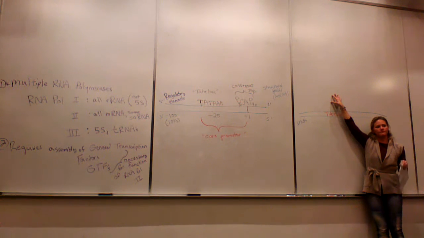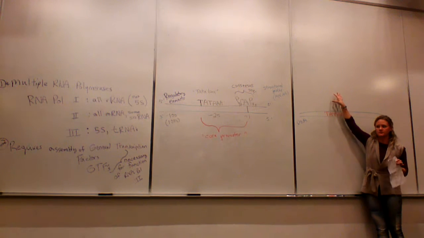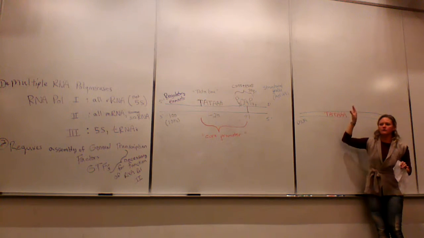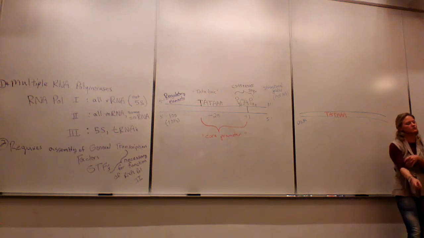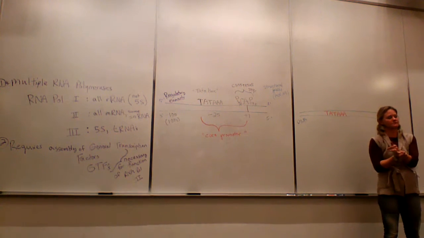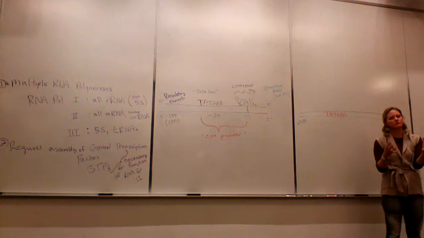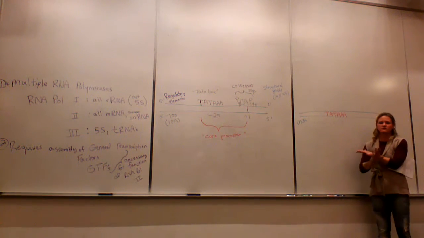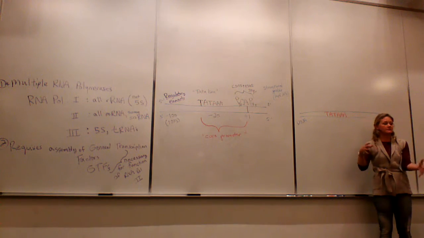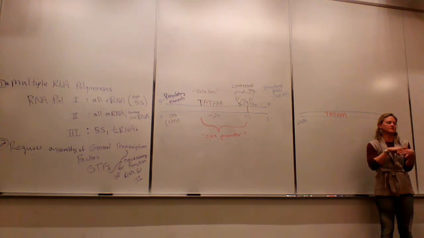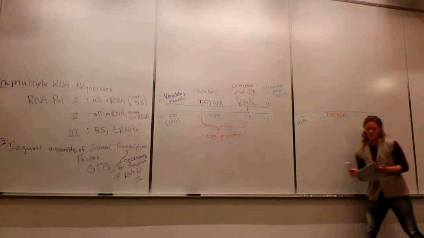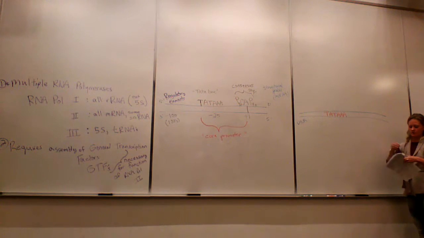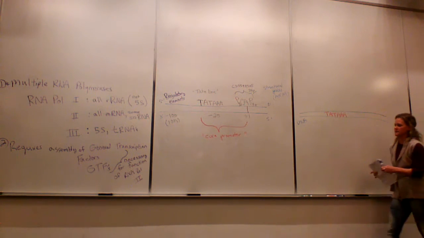Okay, so we have a bunch of general transcription factors, and they're all named. I'm going to put this over here. TF for transcription factor. All of them have TF in their name and the number 2 because they help out who? RNA pol 2. So transcription factor 2, and then the next thing is what will change.